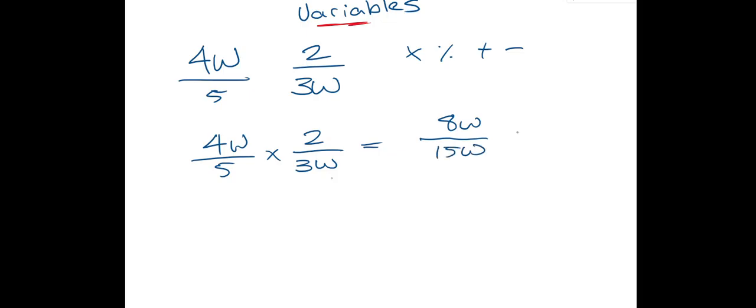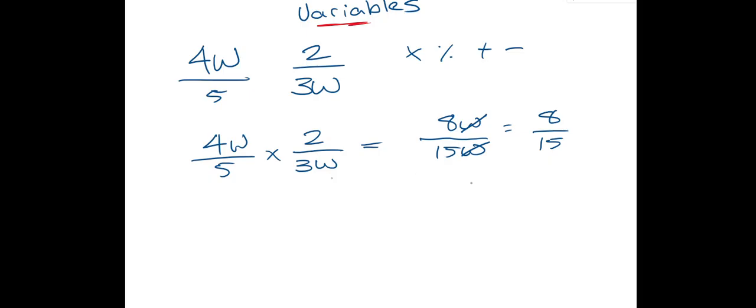Is this simplified? Not quite. These w's are going to go to 1, so we're going to be left with 8 over 15, and I don't think that simplifies. No, 15 is a multiple of 3 and 5, and 8 is a multiple of neither of those.